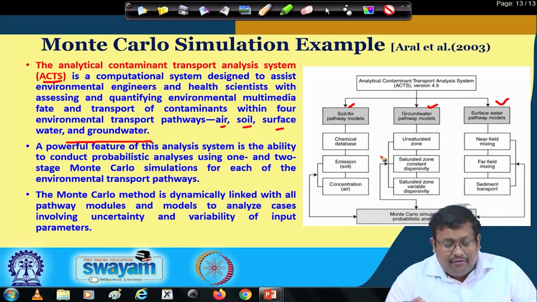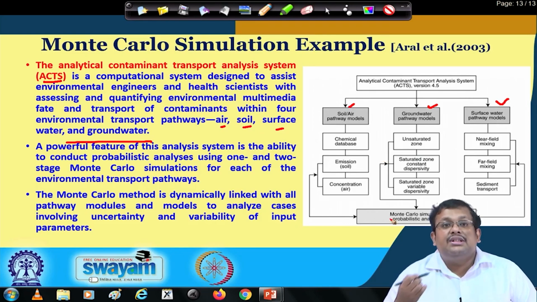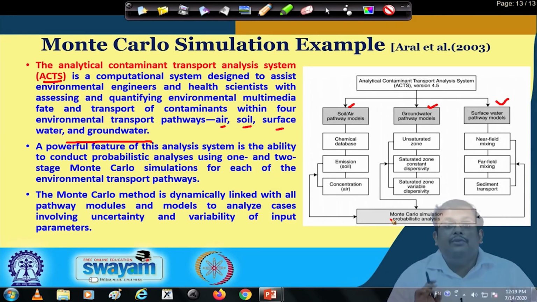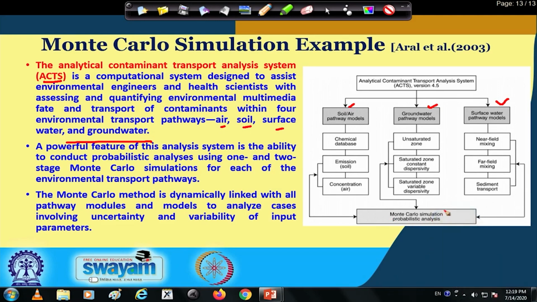Now, a powerful feature of this analysis system is the ability to conduct probabilistic analysis using 1 or 2 stage Monte Carlo simulation for each of the environmental transport pathways. This Monte Carlo method is dynamically linked with all the pathways. You can see here the Monte Carlo simulation for probabilistic analysis, which is dynamically related to the soil and air pathway models, the groundwater pathway models and also the surface pathway models.